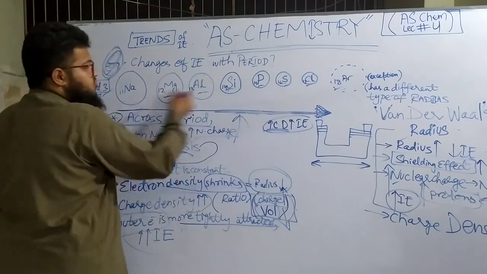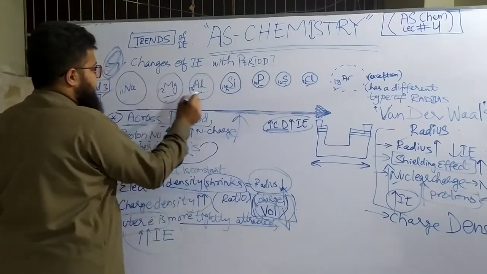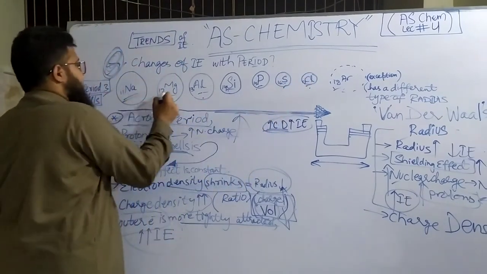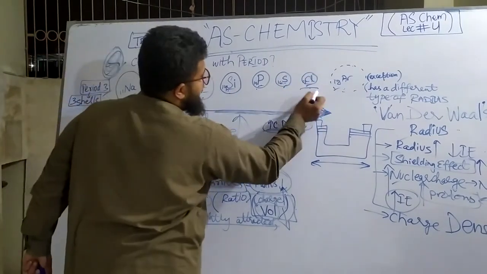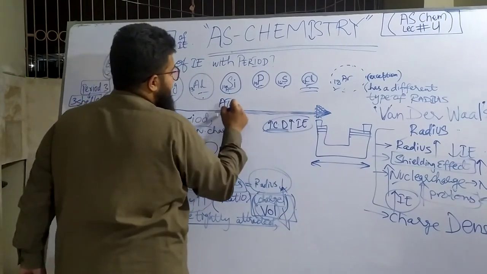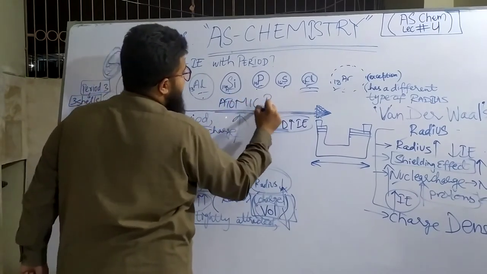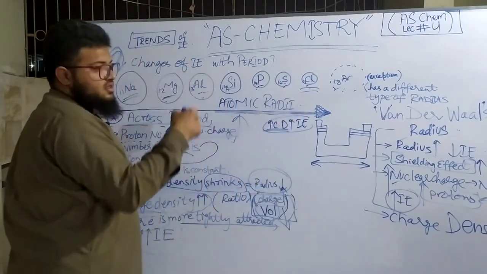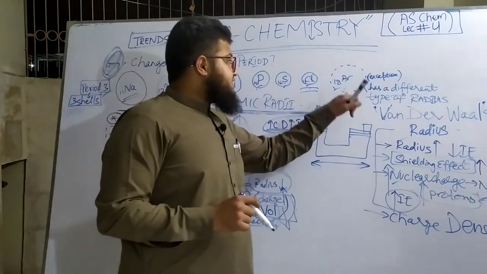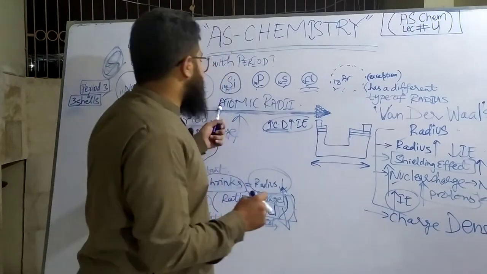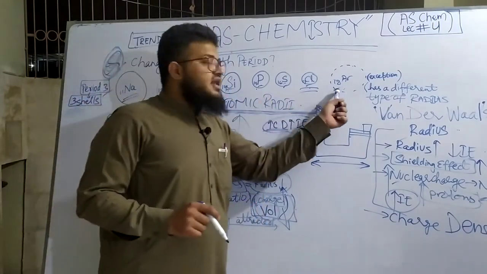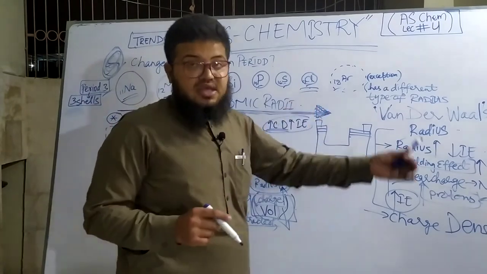Now you must have seen the radii, how they are changing. All of these elements from sodium till chlorine have atomic radii. But the noble gases do not have the same radius as these elements, because their radius is measured using a different methodology.